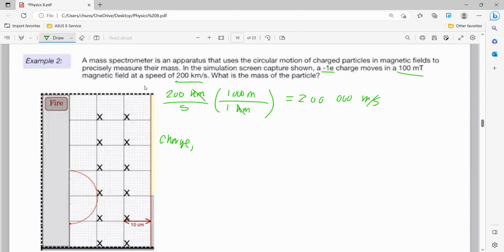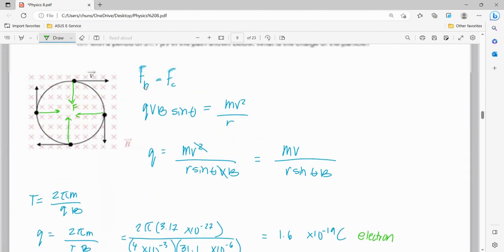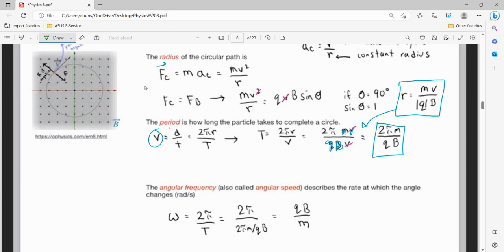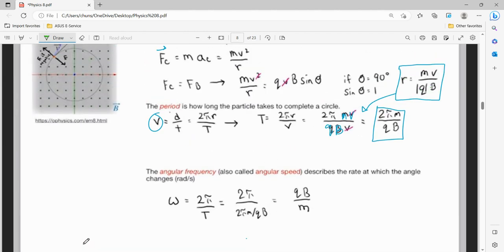We have our charge, we have our field, and we have our radius. So we have charge, field, radius. Do we have our speed? Yes, we do. So we're going to use this equation here.